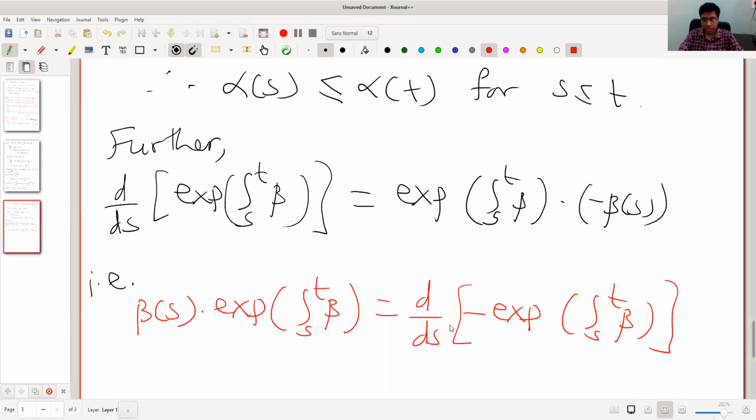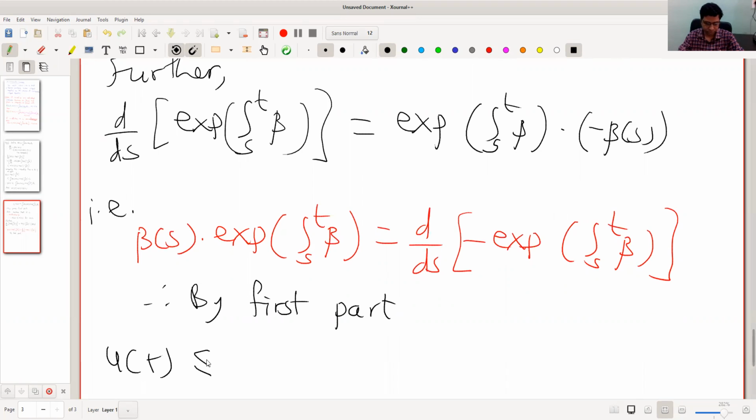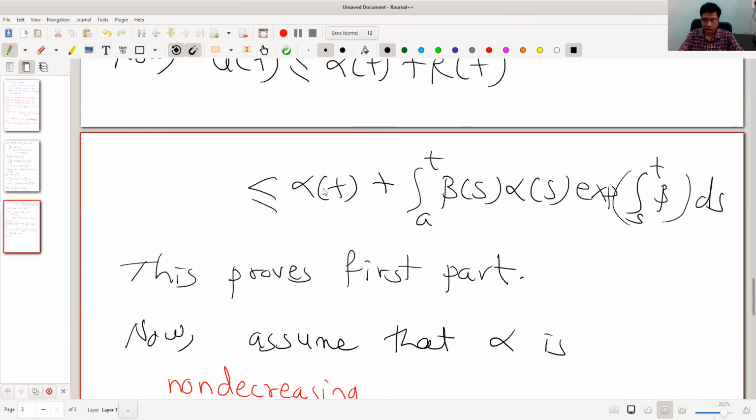Okay, now we substitute this in first part. Okay, so therefore by first part, u of t is less equal alpha of t plus integral beta of s alpha of s e raised to integral.